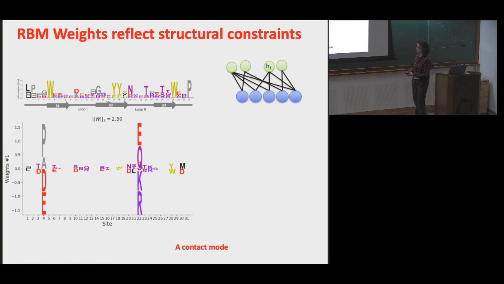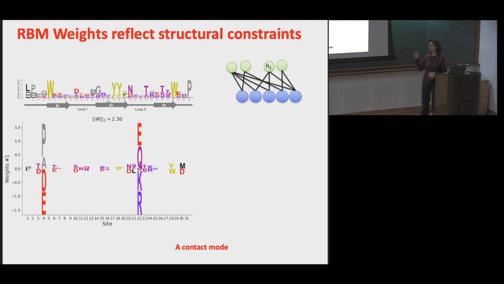You can again see that, for example, these weights will have negative input for all sequences containing the pair of negatively and positively charged amino acids on these two positions, and will have a positive input otherwise. So they will activate or deactivate the hidden unit depending on whether sequences have these patterns of correlation.